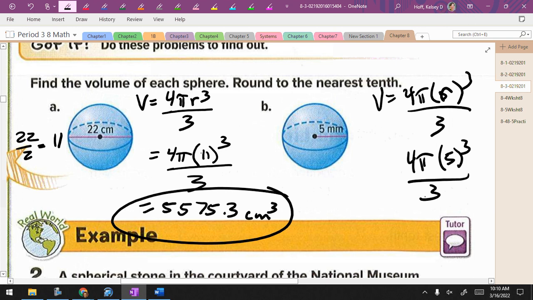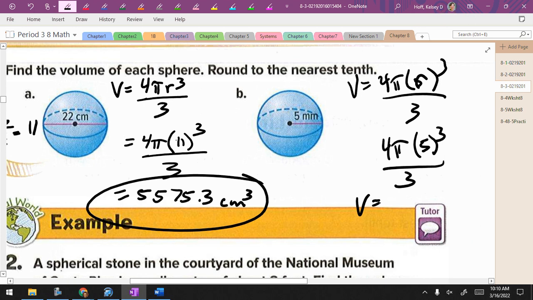Change your bookmark to be that one. What'd you get as an answer here? 523.6 millimeters cubed.